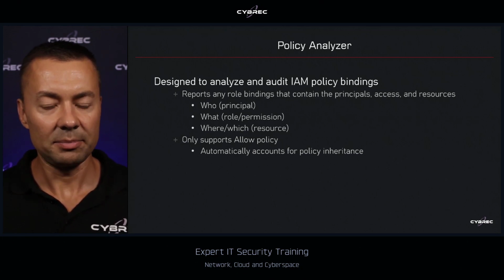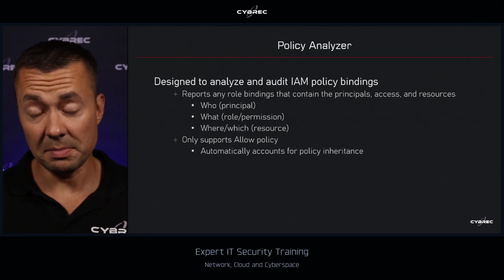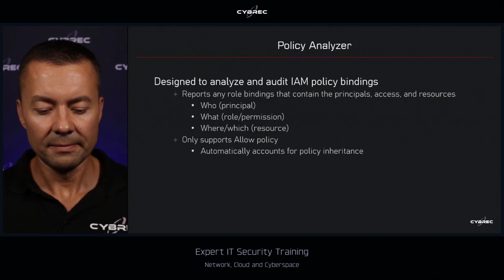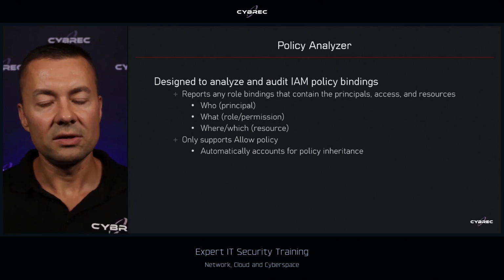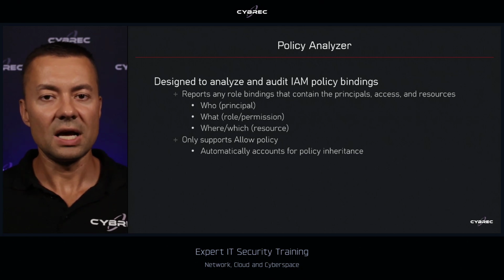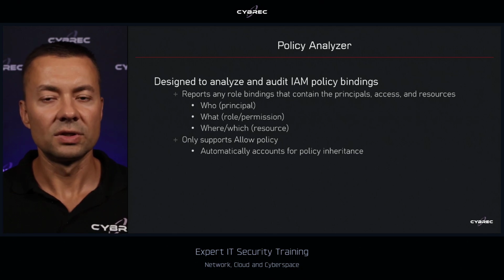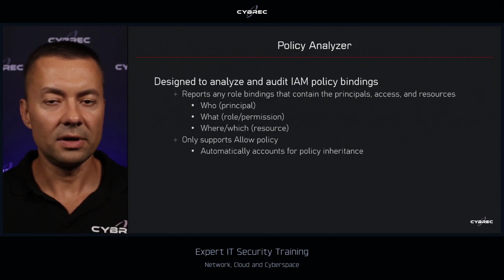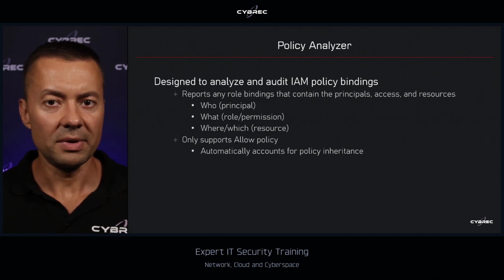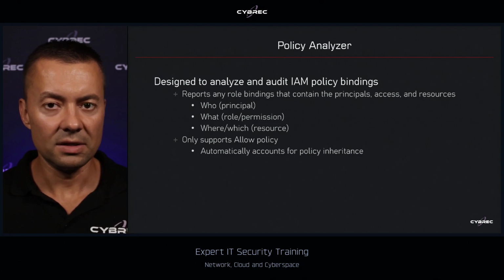Policy Analyzer is going to help you figure out how your bindings look across the organization, or maybe within a certain project, so at a certain level within the organization's hierarchy. It also automatically accounts for policy inheritance, so it is going to tell you about the roles and permissions inherited from the parent levels, and of course about the roles and permissions assigned at the, let's say, project level or wherever you run the analysis.